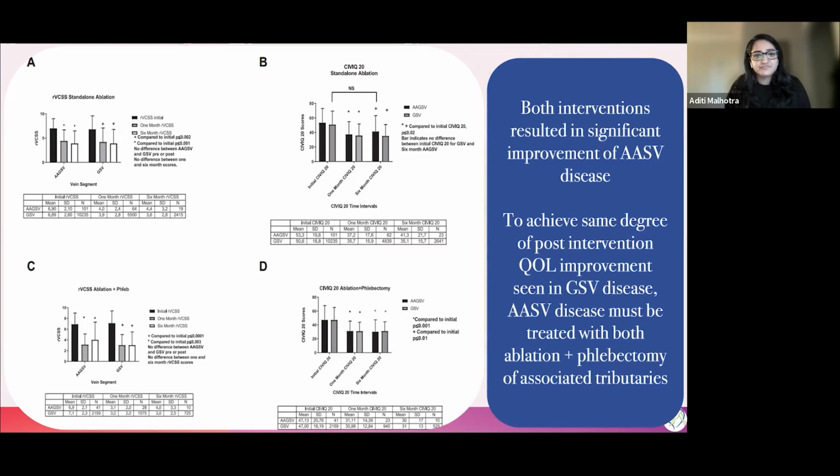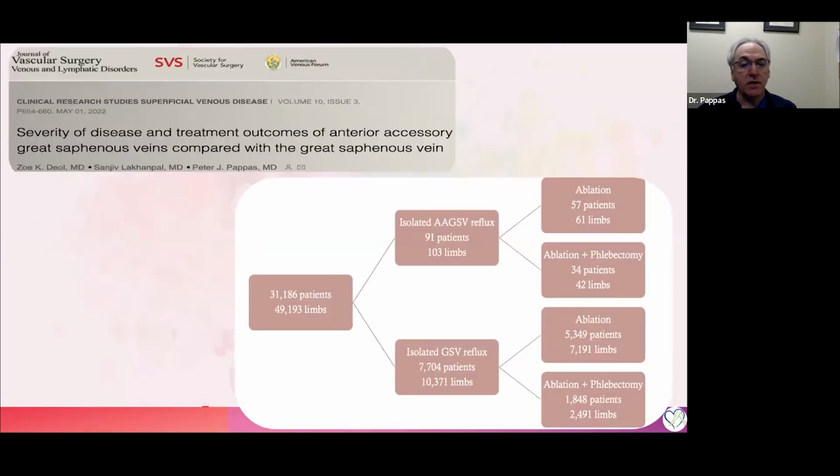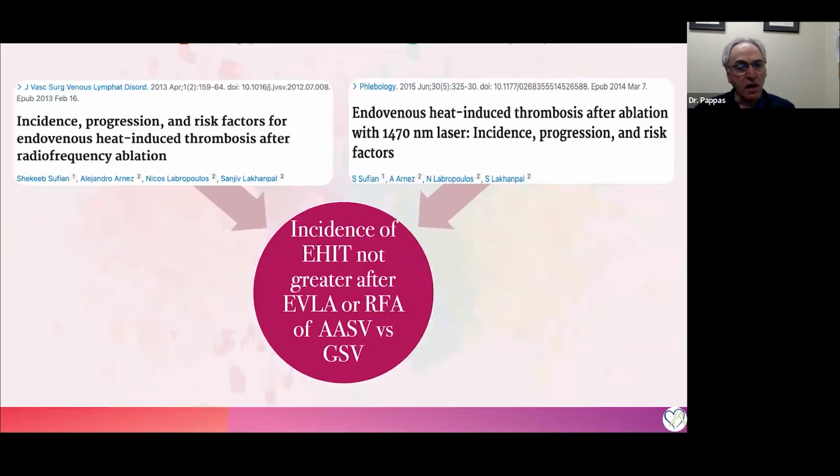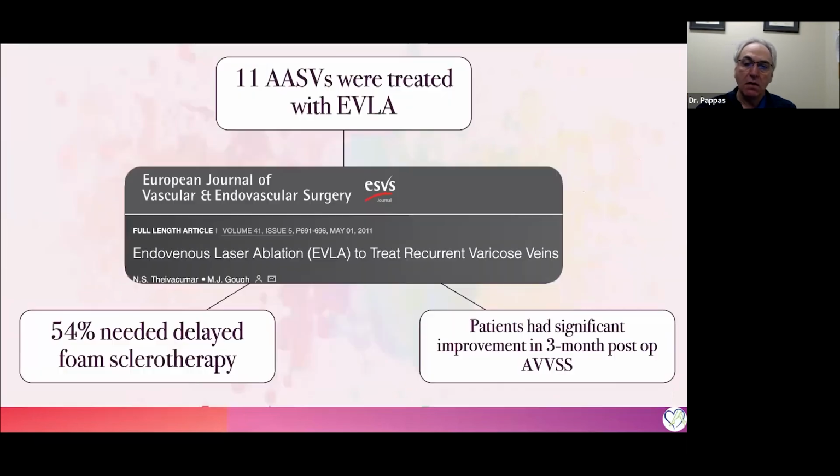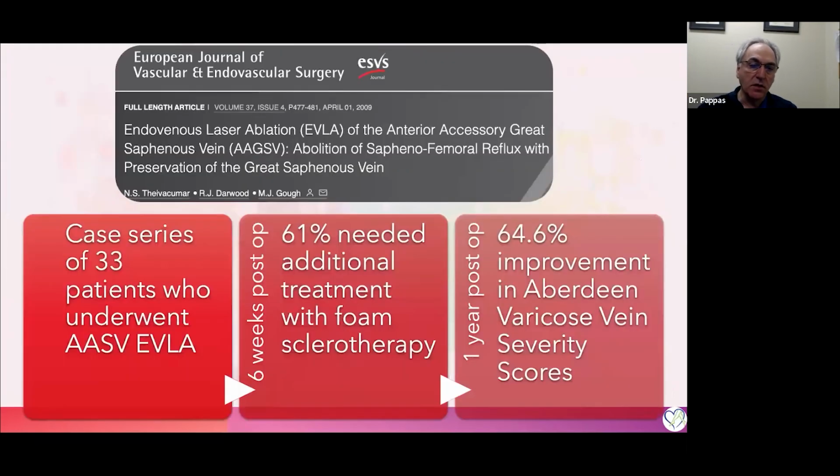And then Dr. Schul's papers are mentioned a lot. Now, I have to say, I find those papers difficult to read because everything is a mixed bag of patients. I'm not really sure what to make of that mixed group. When you're treating GSV and AAGSV disease together, I'm not sure which is the main therapy associated with improved outcomes.